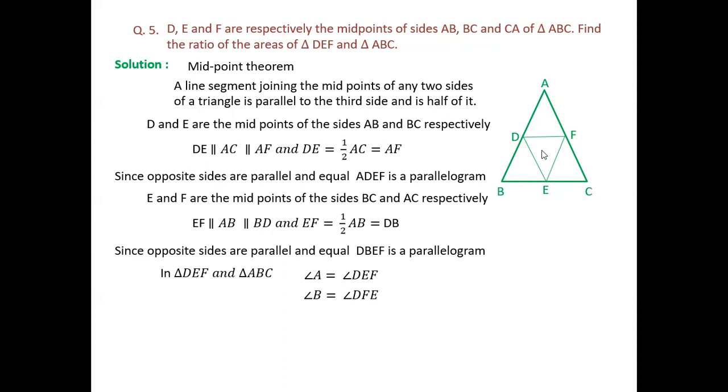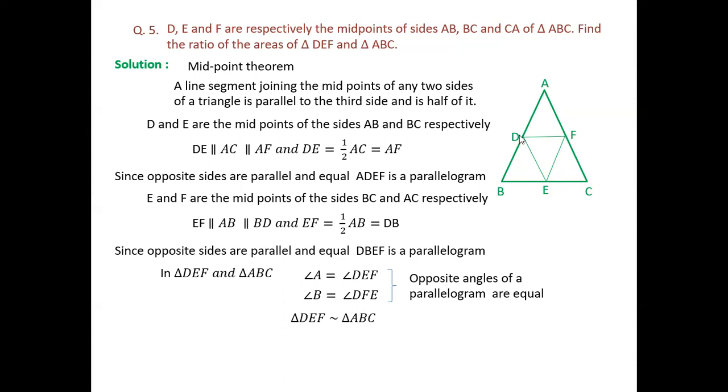In this parallelogram, this is equal to this. Why? Because opposite angles of a parallelogram are equal. So this angle is equal to this angle. And here this is a parallelogram, so this angle is equal to this angle. Opposite angles of a parallelogram are equal.